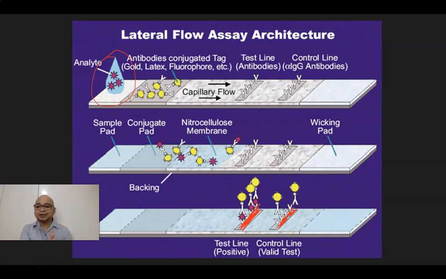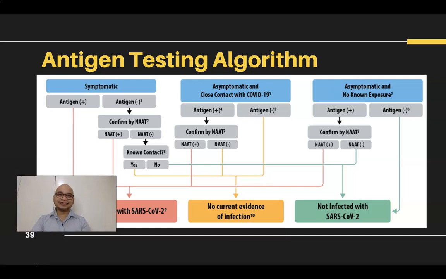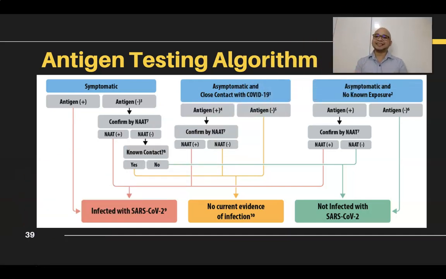But again, I told you that there are other options for antigen testing, such as the chemiluminescent assay. So this one is quite interesting. This is the antigen testing algorithm, meaning to say you categorize your patients into three categories. Okay, the symptomatic, and then the second category is asymptomatic patient but has a close contact with COVID-19, and then the third category is asymptomatic and no known exposure.